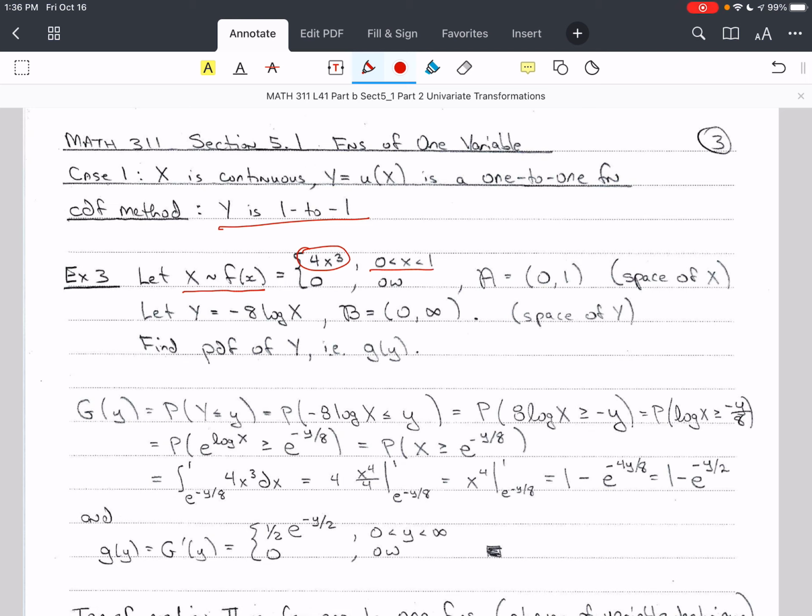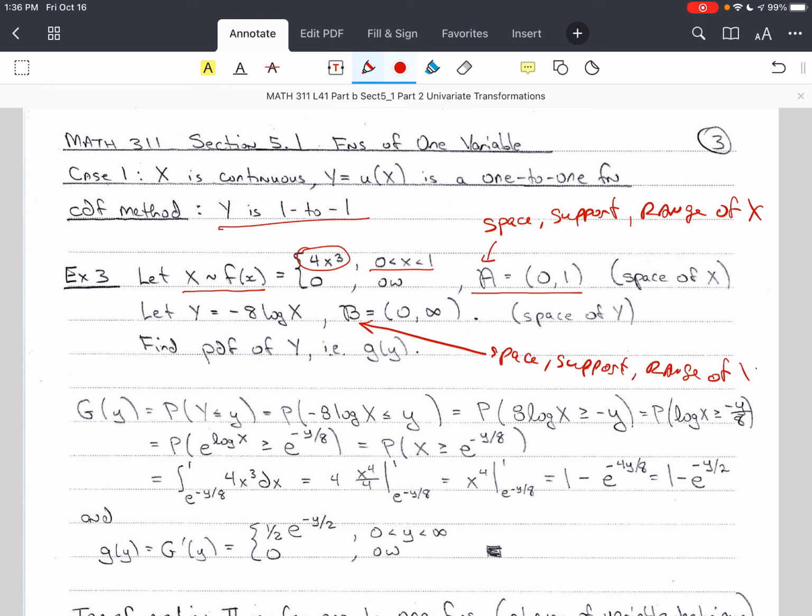And then we're going to let a denote the space, support, or range of x. And we're going to let b denote the space, support, or range of y. Okay? And so we have y equals negative 8 log x.